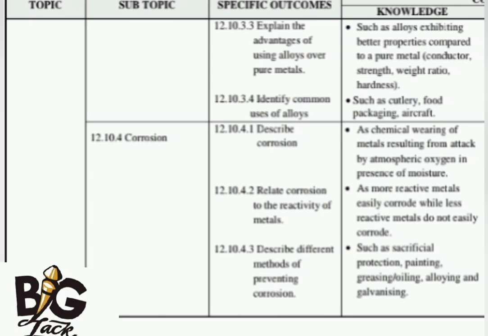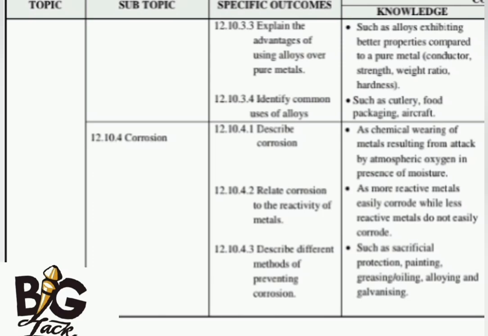Apart from that one, you need also to describe different methods of preventing corrosion, like sacrificial protection, painting, greasing or oiling, alloying, and what? Galvanizing. Those are the ways of protecting metals from undergoing what?